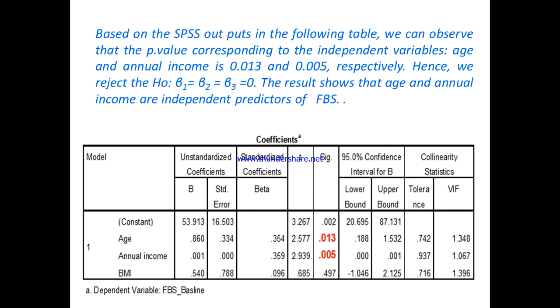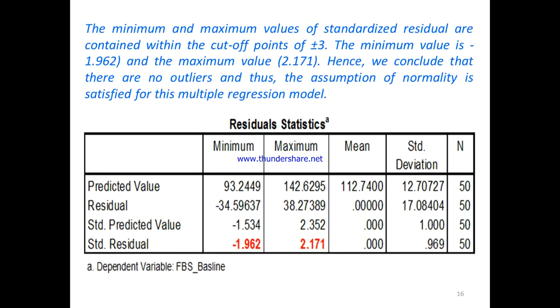If it deviates from the literature, you have to discuss this, if this were your actual research. So our final conclusion is that age and annual income are independent predictors of fasting blood sugar, and the relationship is positive.